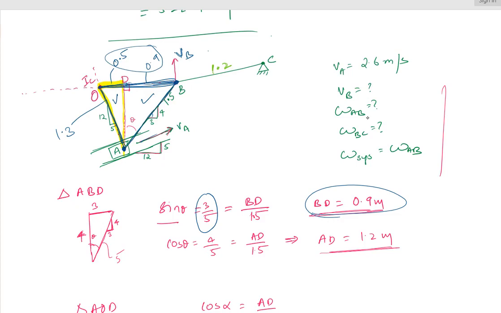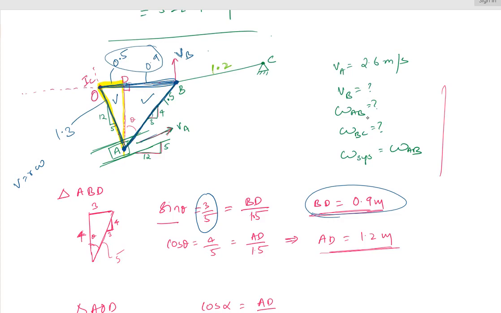V equals R omega. The velocity of that point, divided by the radius, the distance from that point to the center of instantaneous rotation, gives you the angular velocity of the arm it is connected to.